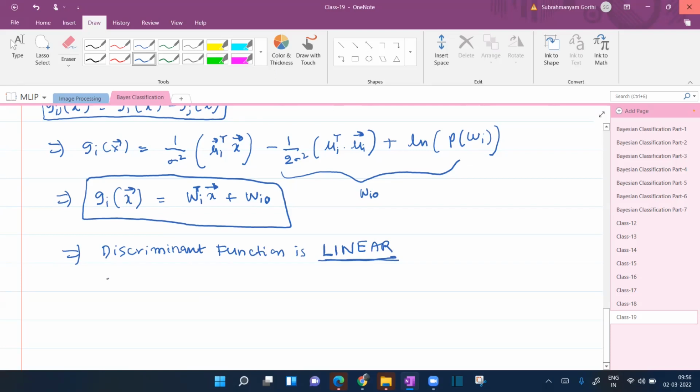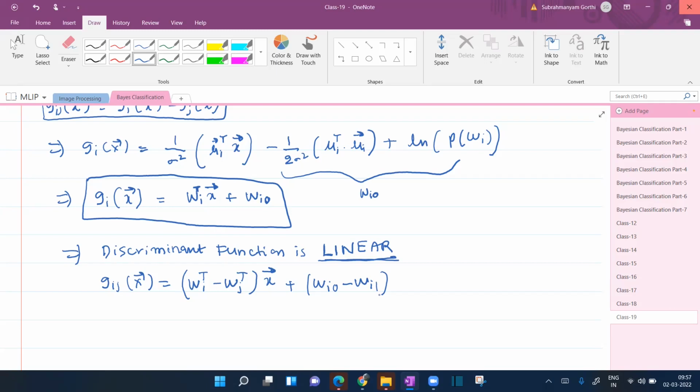Just look at gij of x bar, which is equal to wi transpose minus wj transpose times x bar, plus wi0 minus wj0. This is my discriminant function. Of course, you can look at it as gi of x bar also. Either way, you now see that this discriminant function is linear.